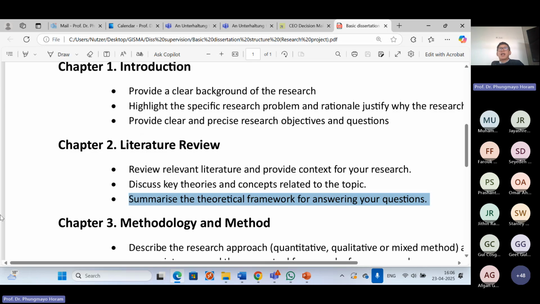Can someone read the highlighted? Summarize the theoretical framework for answering your questions. Exactly. The main purpose of literature review is to read up past literature that will help you answer your research question.